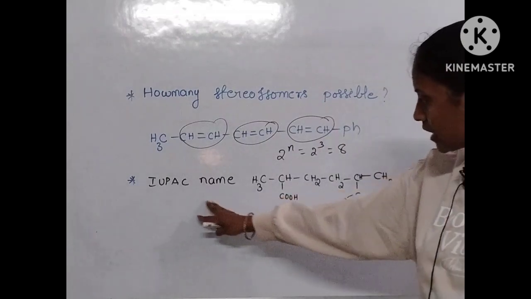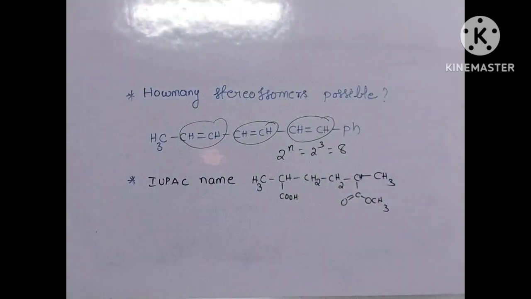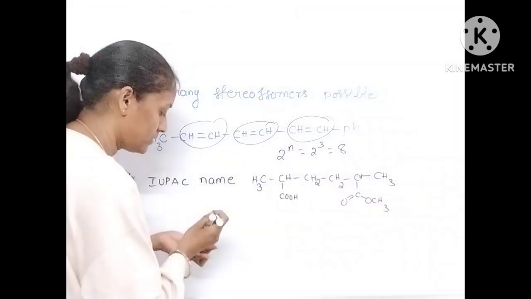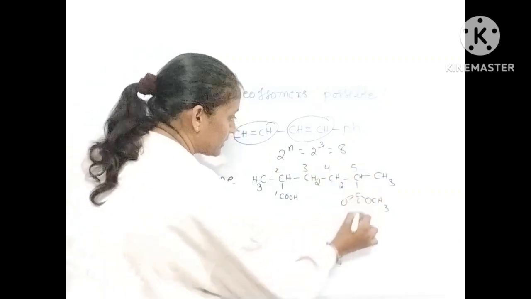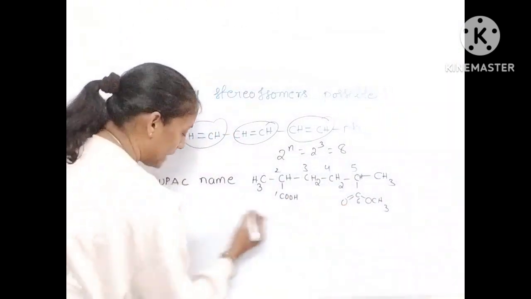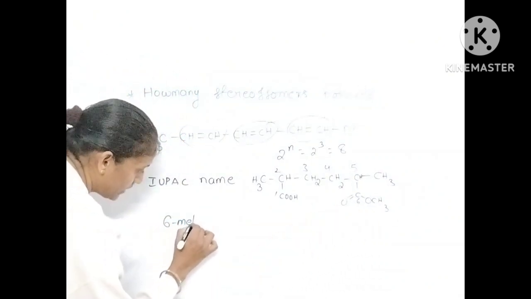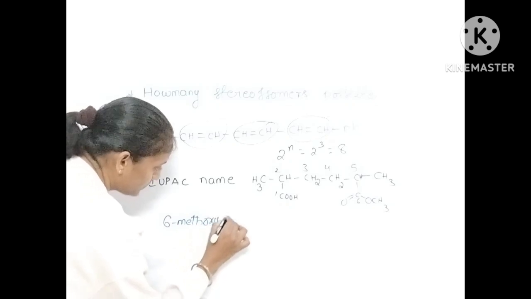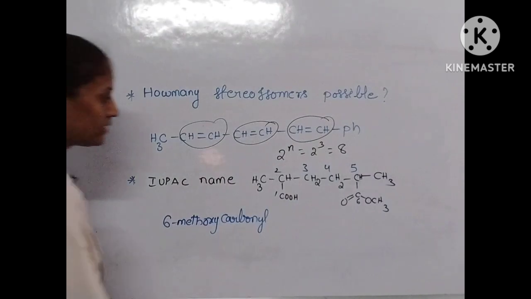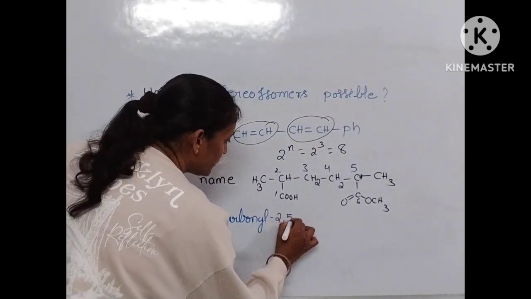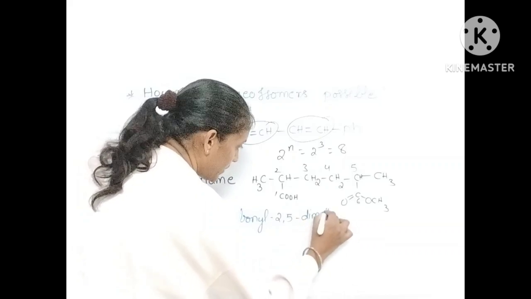In the next question, the IUPAC name for this molecule. You can give numbering from here, 1, 2, 3, 4, 5, 6. At 6th place a methoxycarbonyl group is there, and 2, 5 dimethyl.